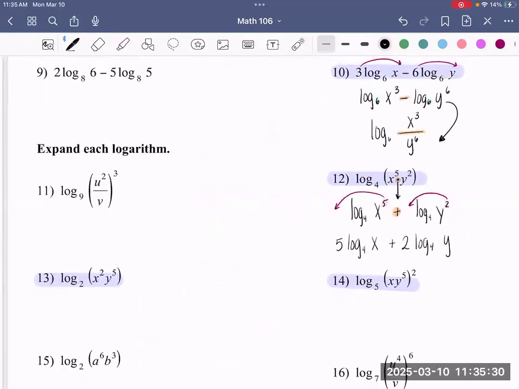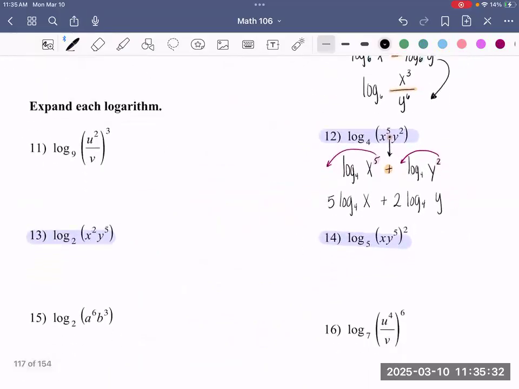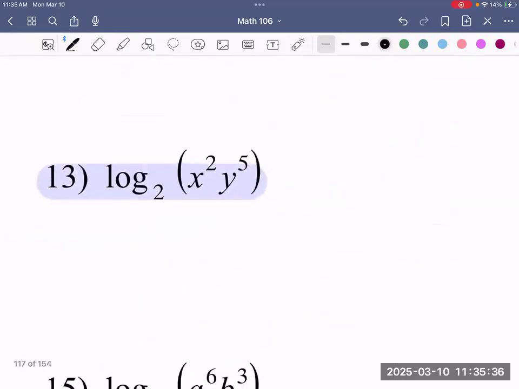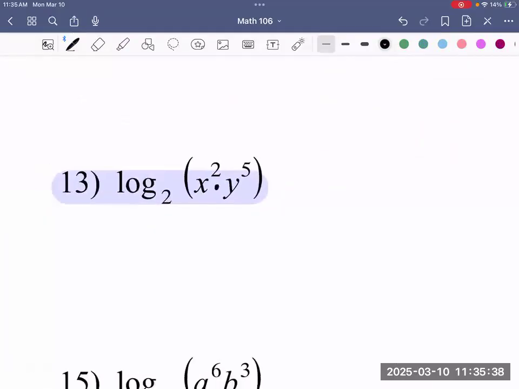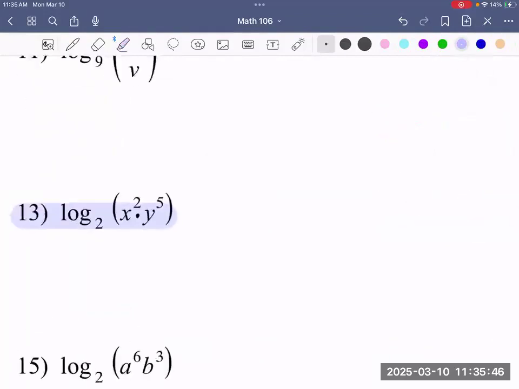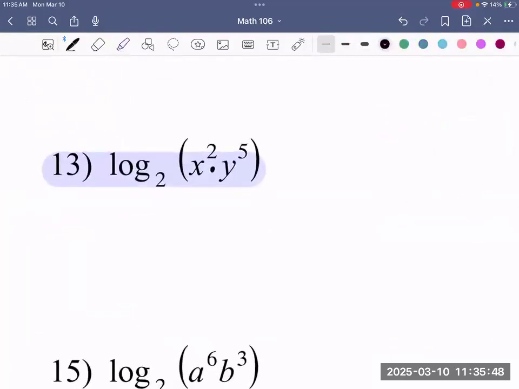Let's do it again with number 13, and then we'll try out 14. So here one more time, we have multiplication. We're also going to do one with division, so we're going to do 16 after that. So here, we have multiplication, so that is going to turn into addition.